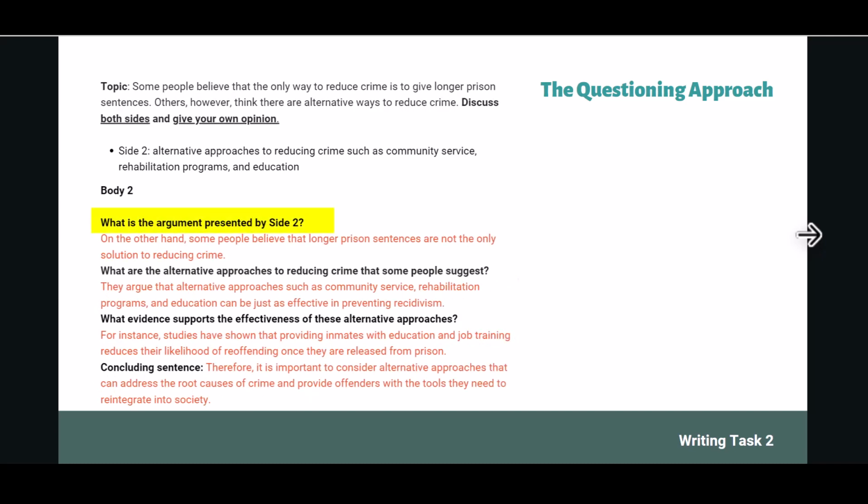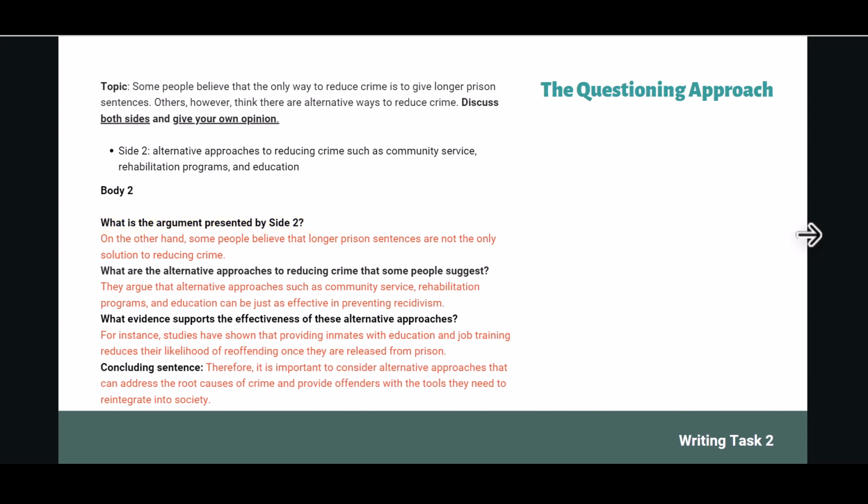Moving on to the second body paragraph, let's ask ourselves the following questions. What argument is presented by side 2? Here is the argument. On the other hand, some people believe that longer prison sentences are not the only solution to reducing crime.